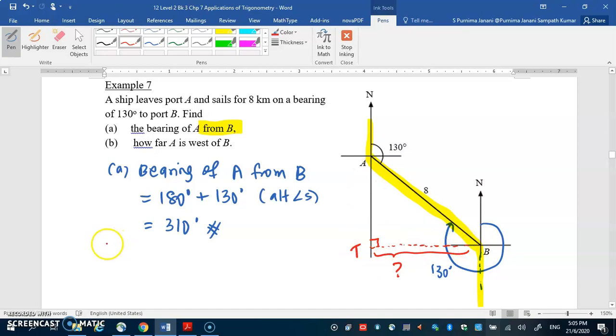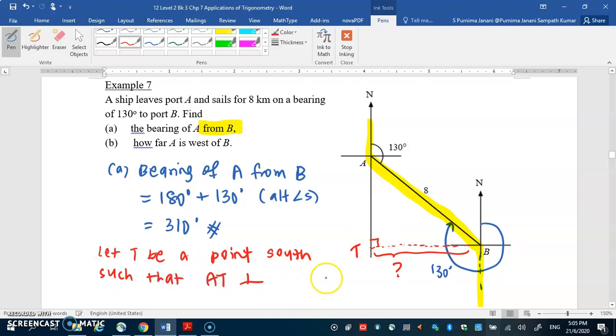Let T be a point south, that means downwards, such that AT is perpendicular to BT.